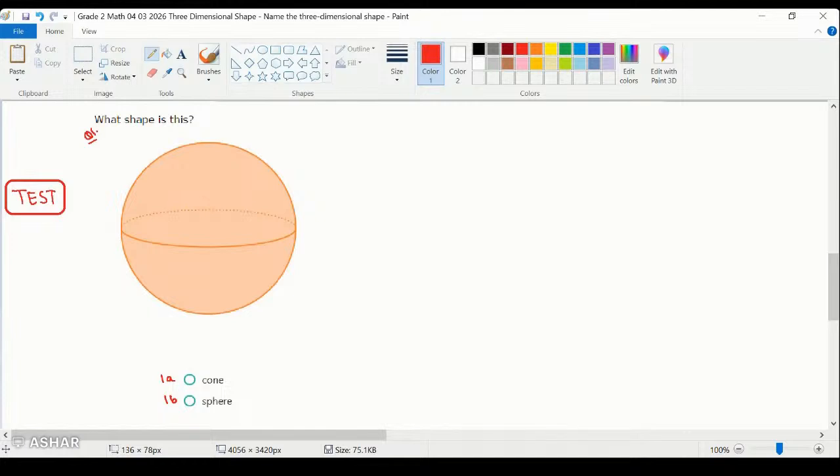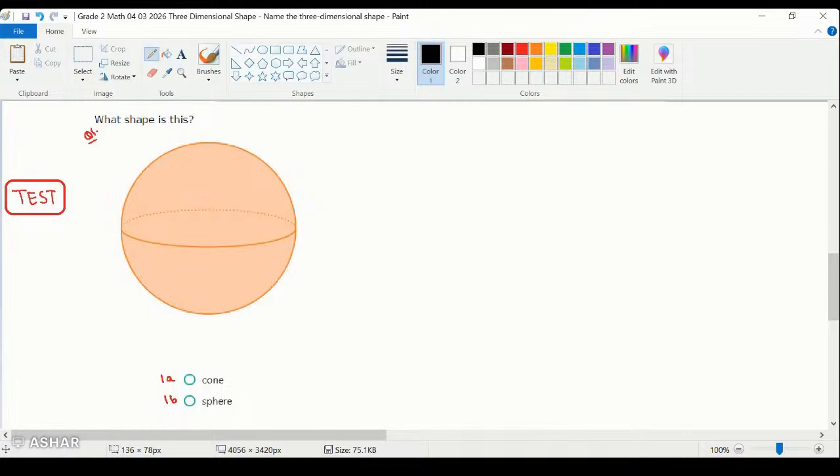No, a cone is a pointed shape. You need to remember when you go for an ice cream cone, that is a pointed shape, right? Perfect. A sphere is a shape. Thank you, May.